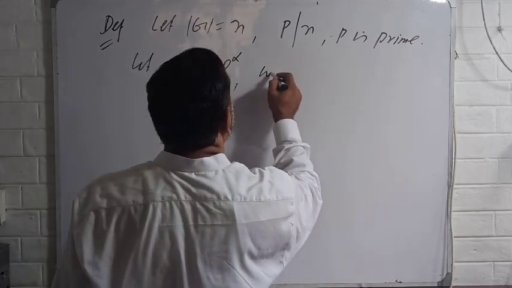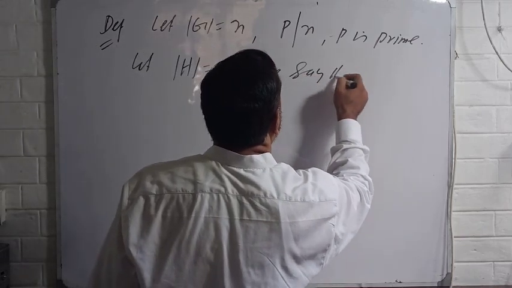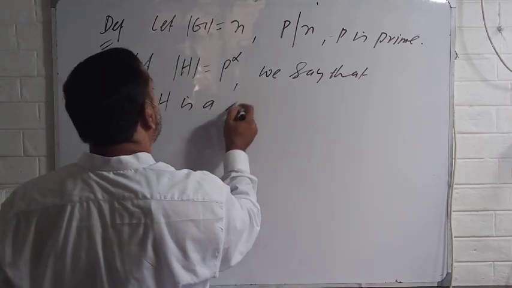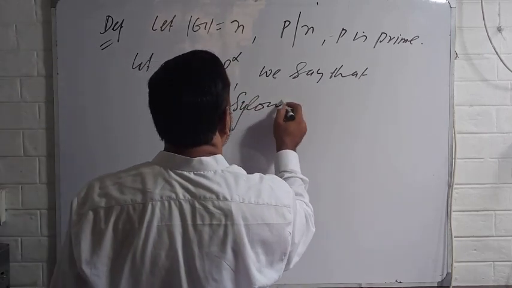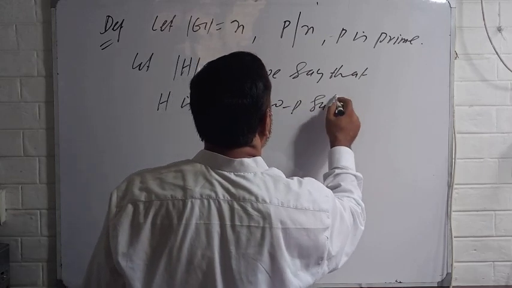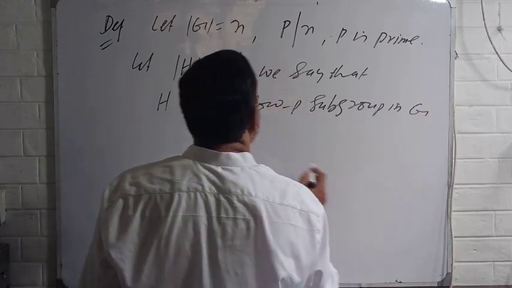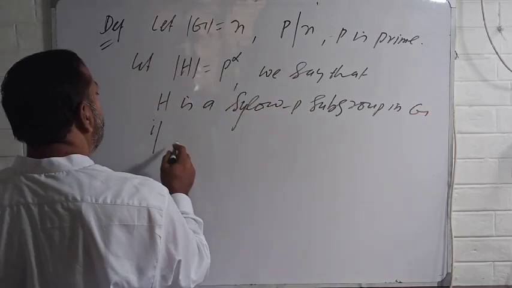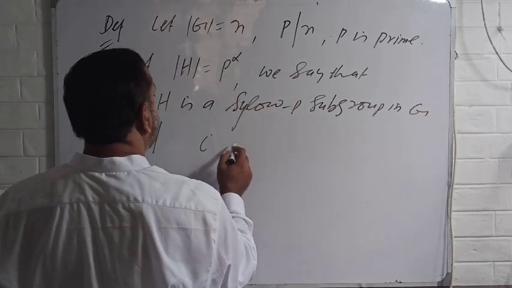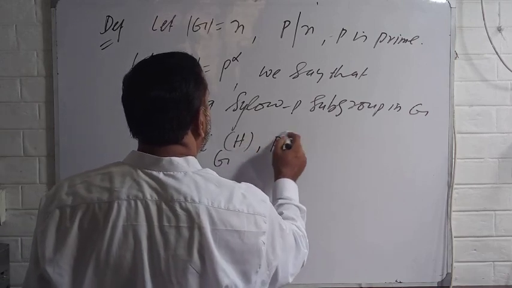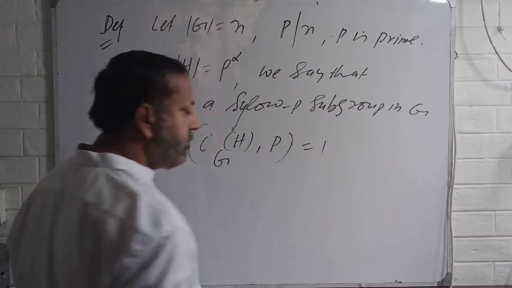We say that H is a Sylow-p subgroup in G if the GCD of the index of H in G with p is 1.